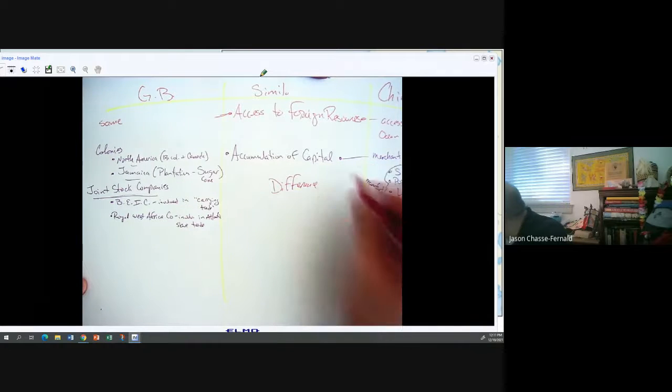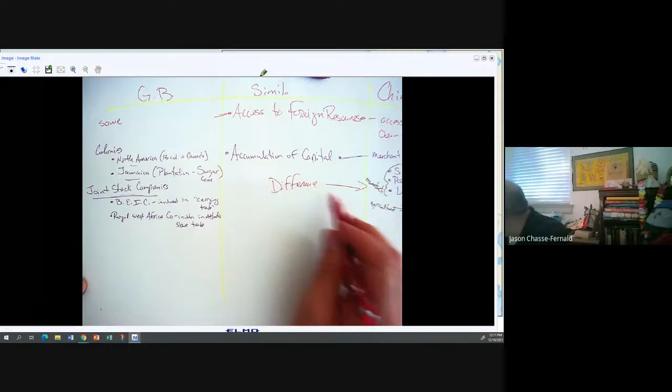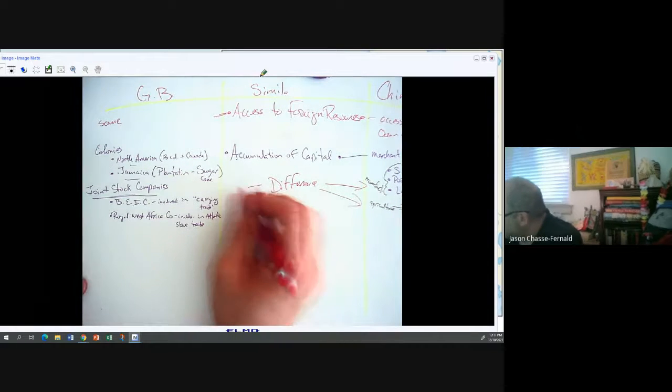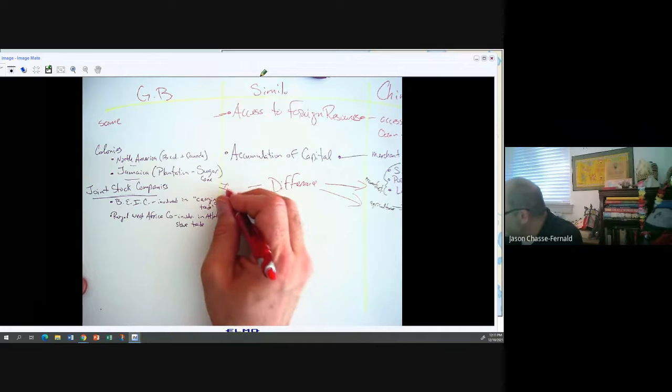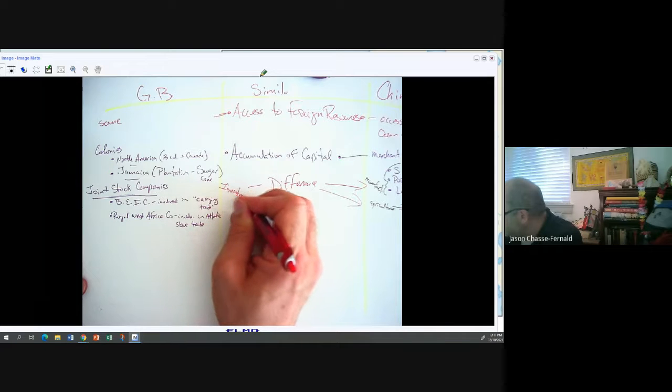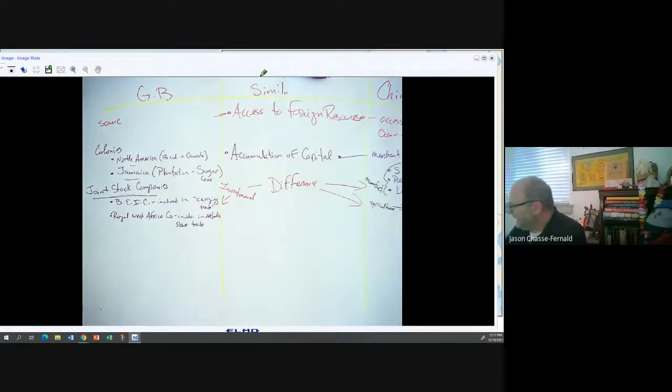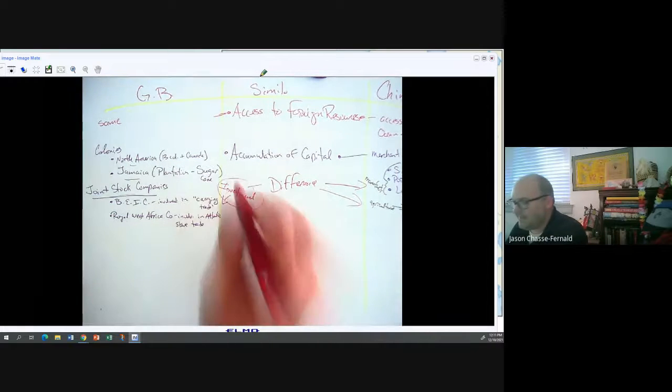Right, difference here. So the difference being the accumulation of capital is taking place in China through manufacturing and through agriculture, whereas in the case of England, a lot of this wealth accumulation is taking place through investment. So that is a bit of a difference, right?